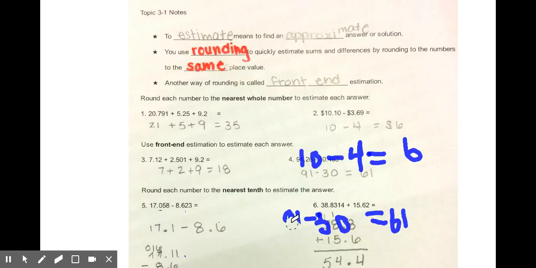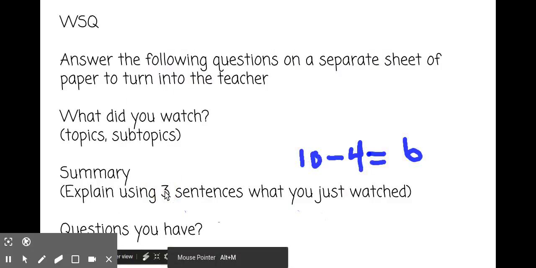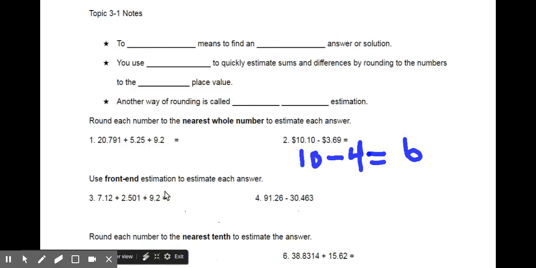So if you don't understand it quite yet, that's okay. But you have to set them up, subtract them, and then use borrowing or grouping, depends on what you want to call it, to get your answer. But on the answer to number 5, you would get 8.5 as your final answer.